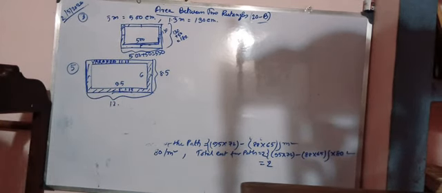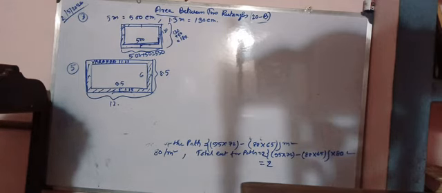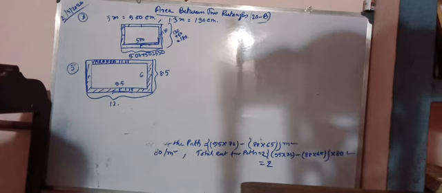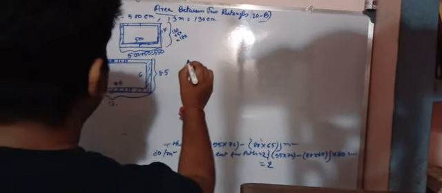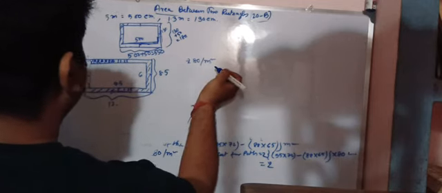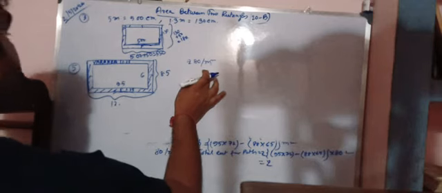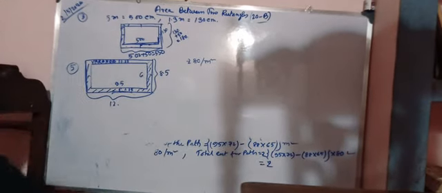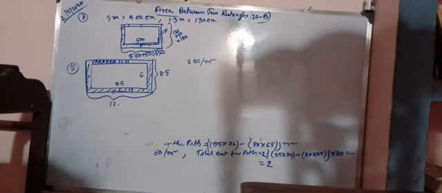Now the cost of carpeting the floor of the veranda is rupees 80 per meter square. So the total cost we have to find. Similar process we have to follow. Understood that?